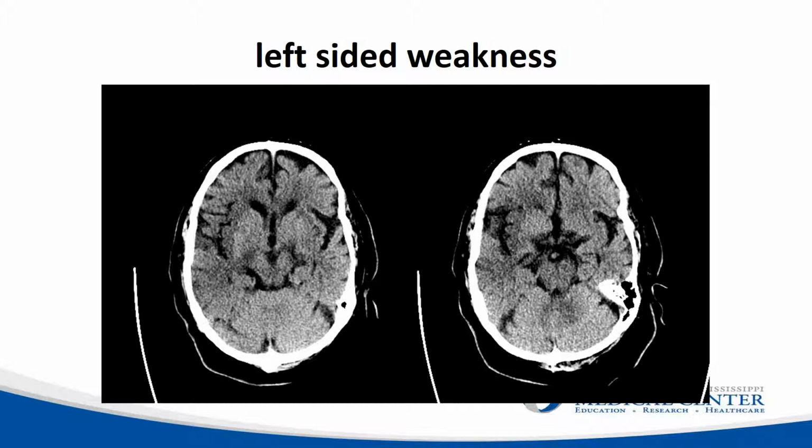Patient with left-sided weakness. Again, we see that we've lost our right insular ribbon, and our gray-white differentiation is a little bit decreased in that area.